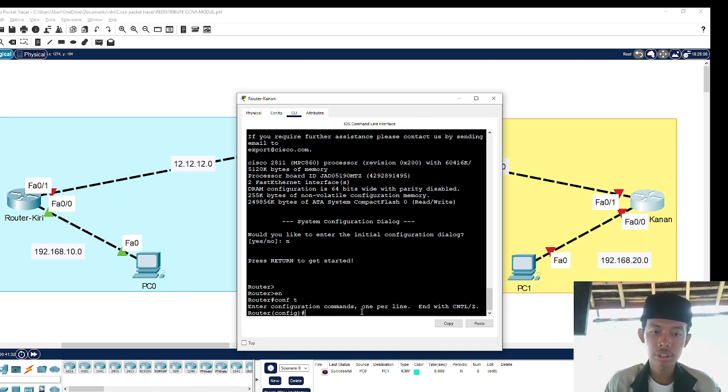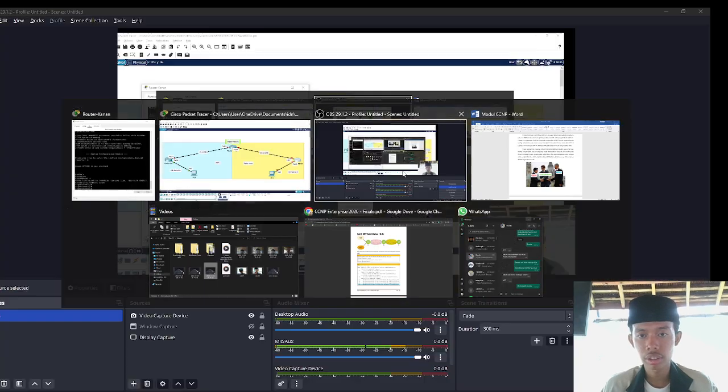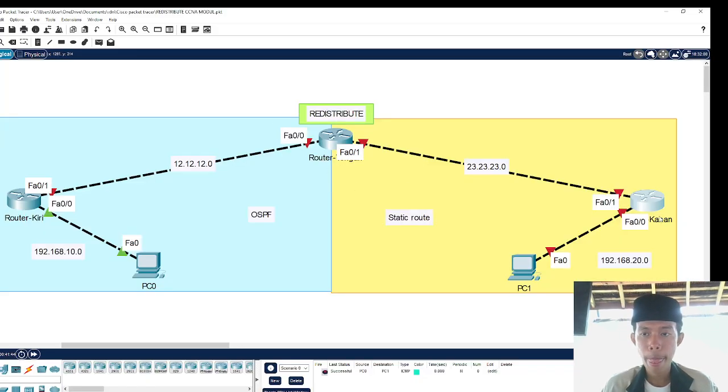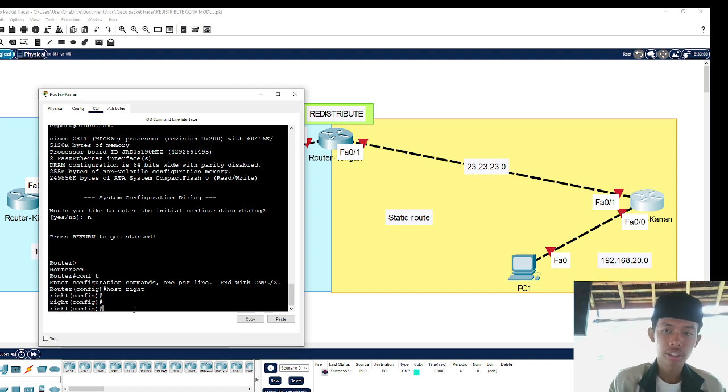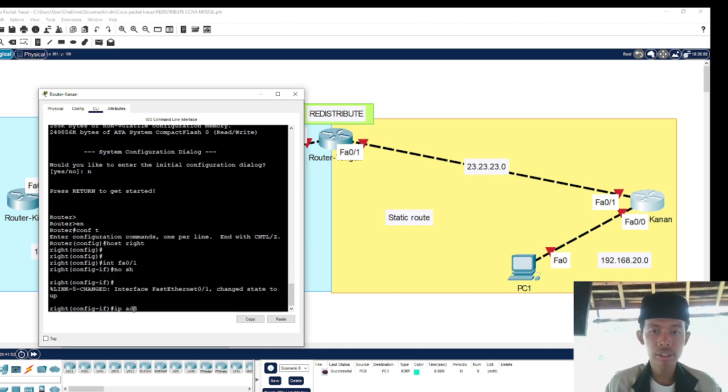Like usual, do a hostname configuration and some basic addressing, same as the topology. Interface FA0/1, no shutdown of course, and give the IP as 23.2.